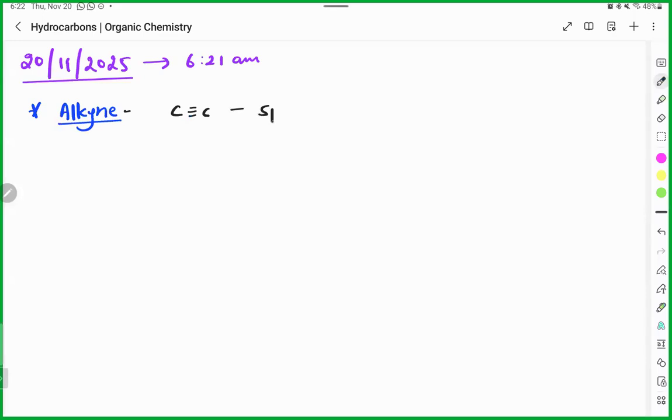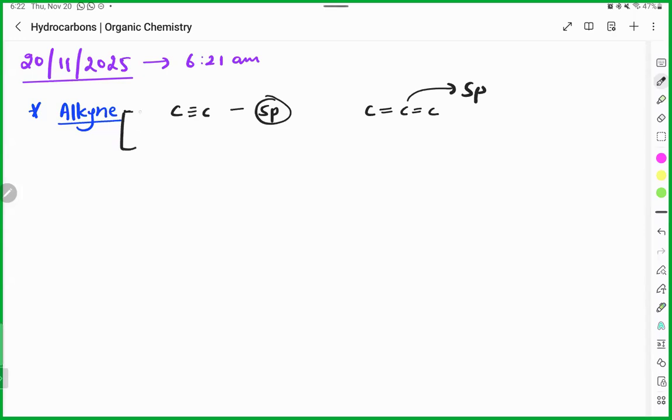Pratigya, if a carbon has two double bonds, what is its hybridization? sp. Okay, so this thing is important. If a carbon has two double bonds attached, then it is sp hybridized.